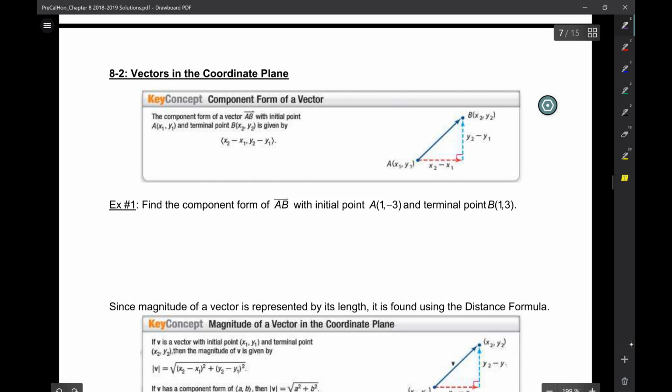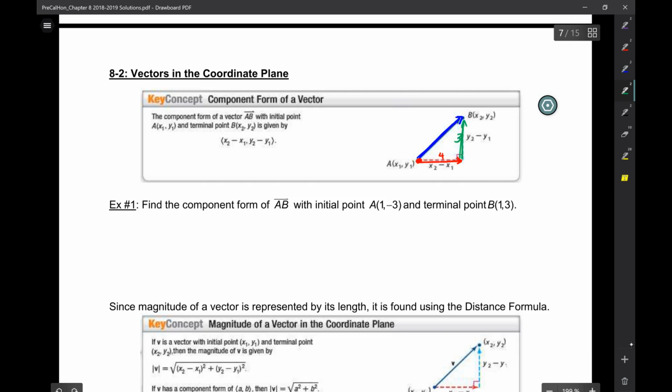So if you have a vector, you can write the vector in component form. Basically, look at this blue vector here. If I wanted to describe that vector, in order to draw that vector, I could say, you start at point A, and then you go to the right 4 units, and then you go up 3 units.